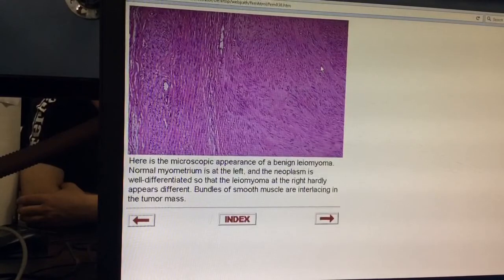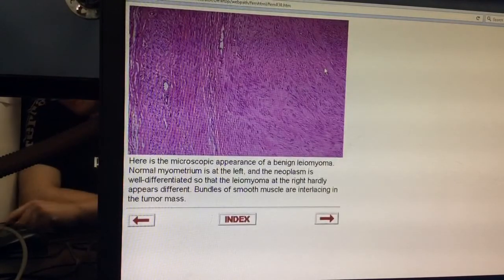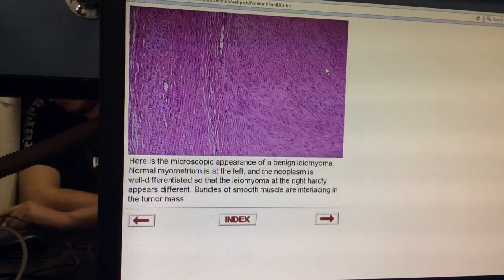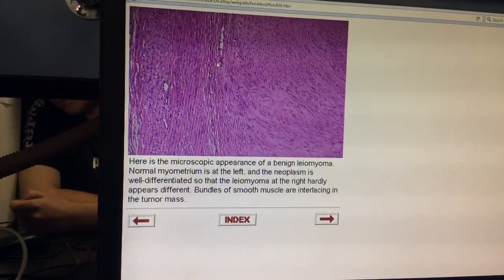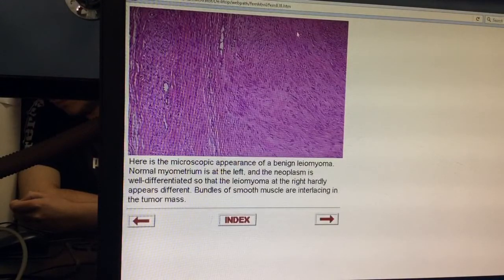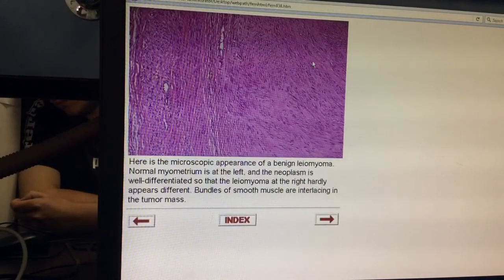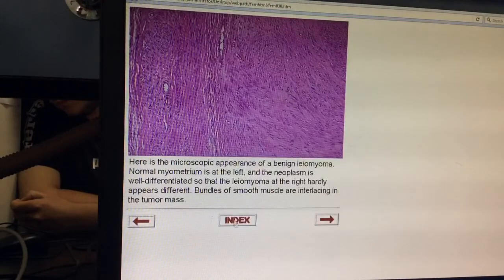Those fibroids are proliferation of smooth muscle of the myometrium. As we see, they are pushing the normal myometrium to the left. They are well circumscribed lesions of the myometrium with bland, normal looking cells, and they are pushing the myometrium.